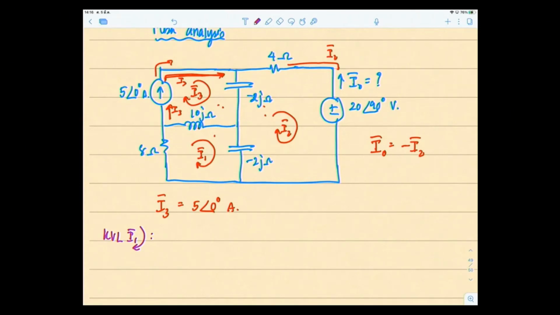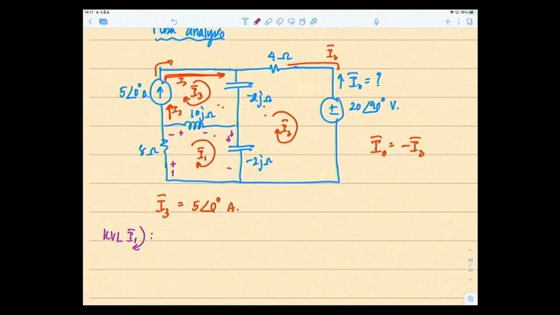When I write down the KVL formula for mesh I1, I take my I1 as my main current. So I1 flows into the positive of the voltage drop of all the elements. I1 goes through 10J ohm this way, through minus 2J this way, and 8 ohm this way, so plus.